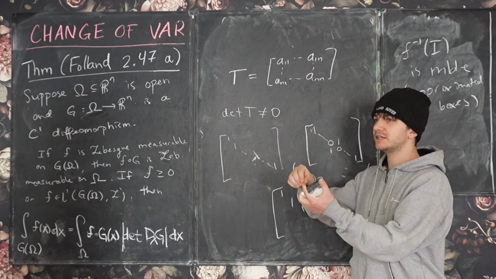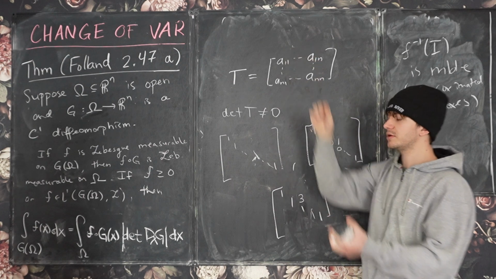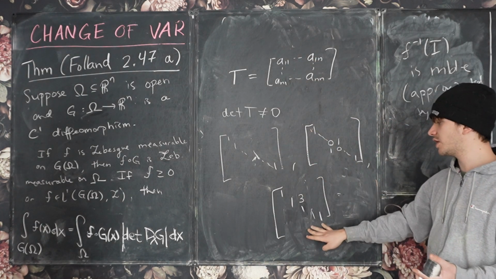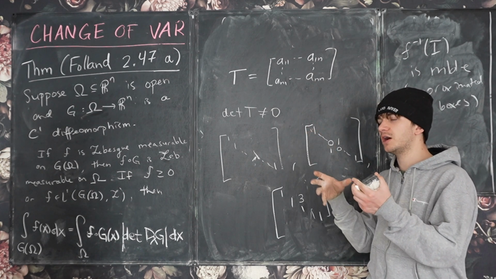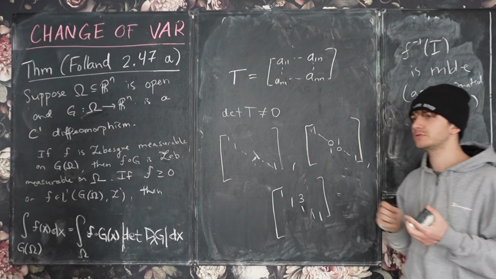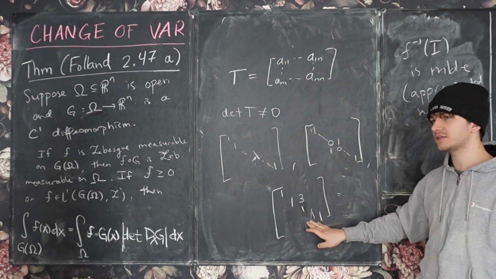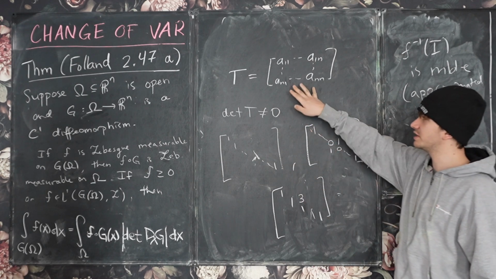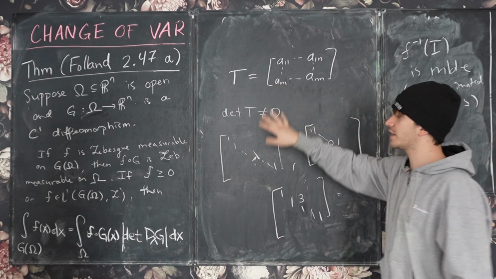Scaling by lambda takes one of your vectors and scales it up. This one is just switching two of the vectors. And this one is adding some combination of one of the other vectors onto that vector.